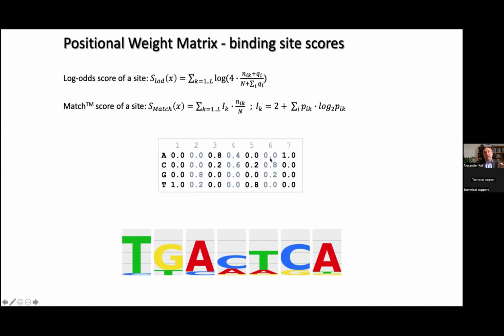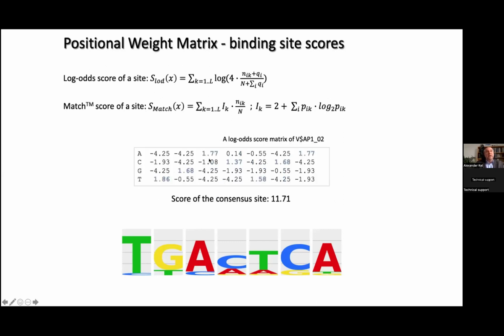But again, by multiplying those numbers, especially when you have a long motif, or places where you didn't observe anything, so zeros, they can really distort your algorithms. That's why it is useful to take the logarithm of those values and to use so-called pseudo counts.